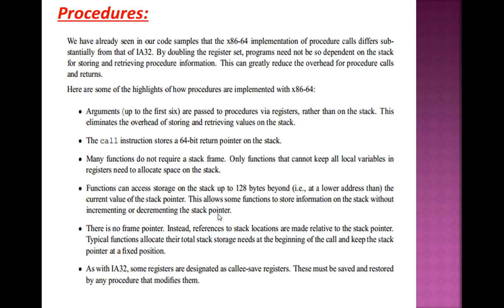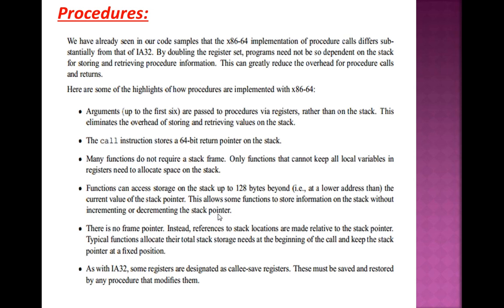Then the next topic is procedures. As I told you in the last class, procedures in IA32, in the same way, procedures are used in x86-64. We have already seen in our code example that the x86-64 implementation of procedure code differs from IA32.